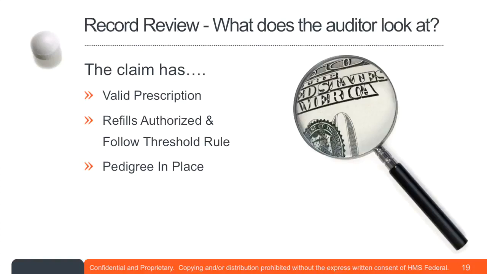So what that means is that if a patient gets a 30-day supply, they're not able to refill on day 15. Typically that refill is going to happen on days 22 through day 30. So that's the threshold rule. If the pharmacy would refill on day 15, that would be what is termed a refill too soon in most instances, and would be subject to an overpayment.